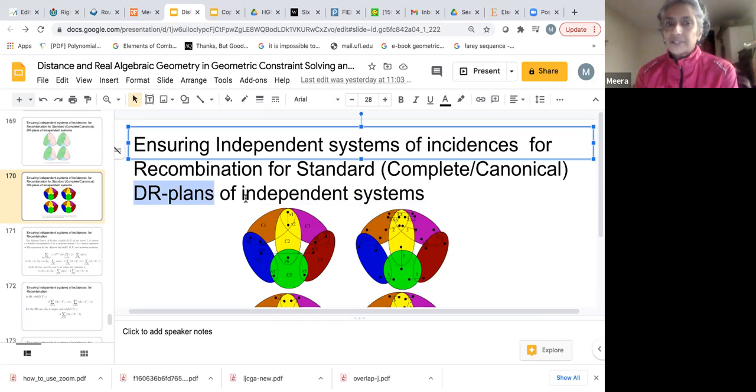That's the assumption we still go with: the overall system is independent, and therefore we have this complete canonical DR plan and all of those things that we defined, with the same properties. Every parent is split up into the complete set of its maximal rigid subsystems, and if any pairwise intersection between them is non-trivial, then it's sufficient to take exactly 2 of them.